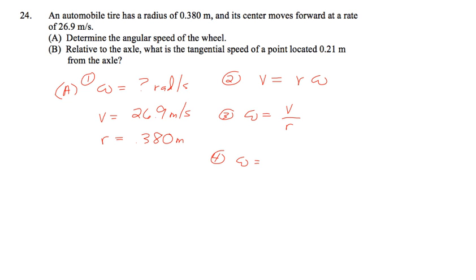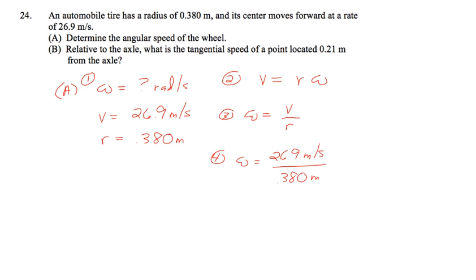So step 4, we can just plug in the numbers. For the V, we're putting in 26.9 meters per second, and for the R, we're putting in 0.380 meters. Now, when I say 0.380 meters, that's like what a radian is for this size circle. So that's the distance that I would travel if I went 1 radian, which is how I'm going to get my answer in radians per second.